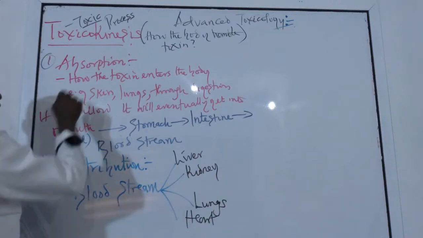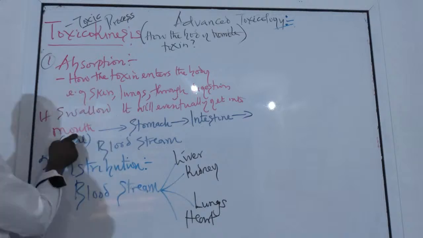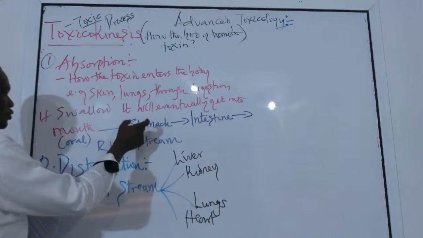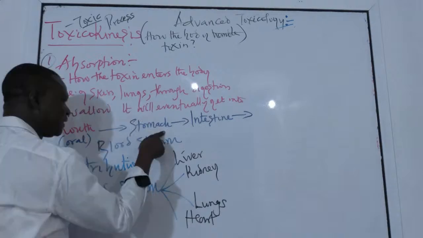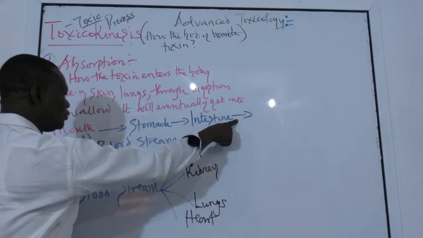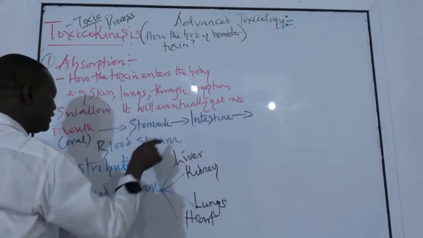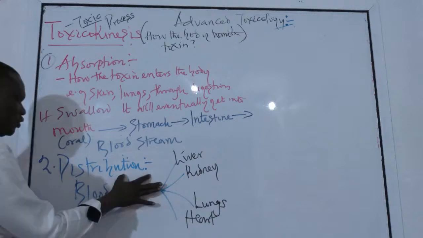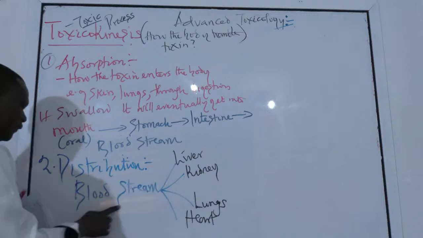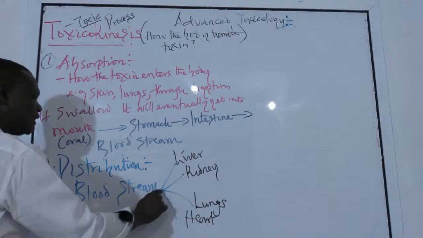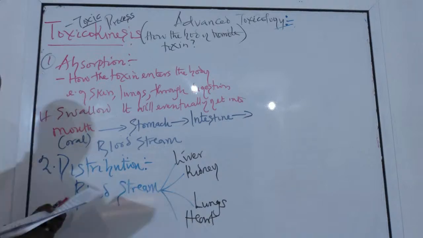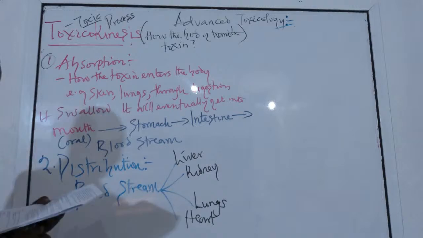What is absorption? Through the oral route, what is swallowed gets into the stomach, later into the intestine, then from the intestine into the bloodstream. The second stage, distribution, is that from the bloodstream, the poison will be distributed into various vital organs.